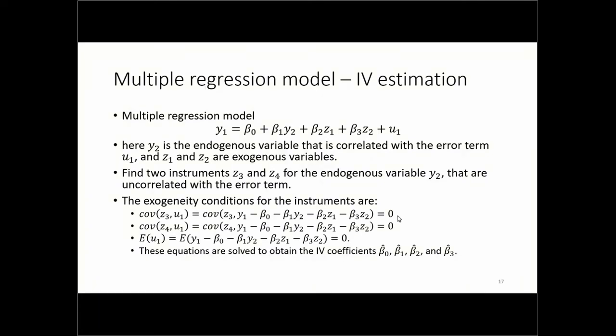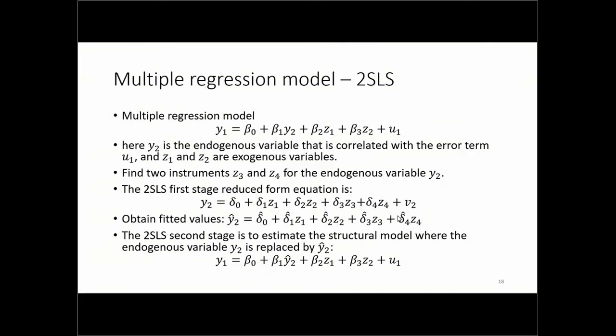And so they wouldn't have an easy solution like we had on the previous slide, but basically they could be used to obtain these IV coefficients. But because they're more difficult, people usually don't apply them, and instead what people do is the two-stage least squares.